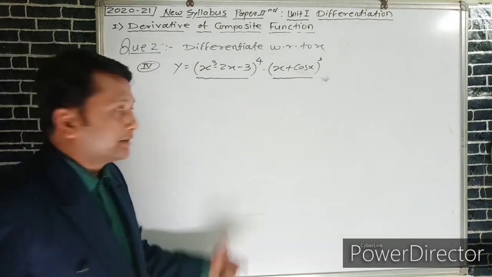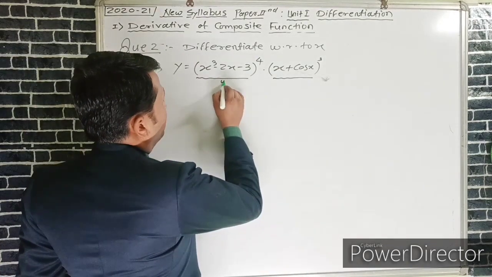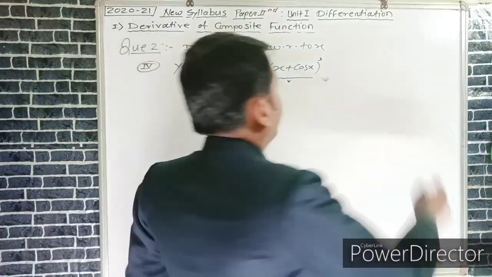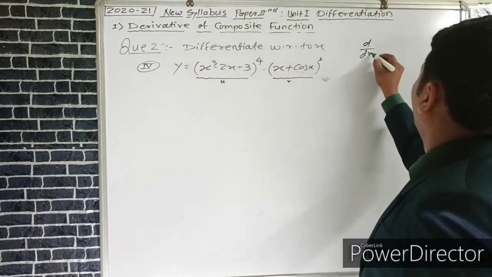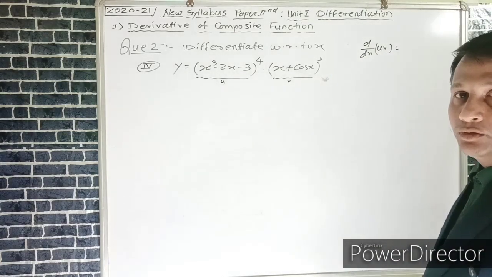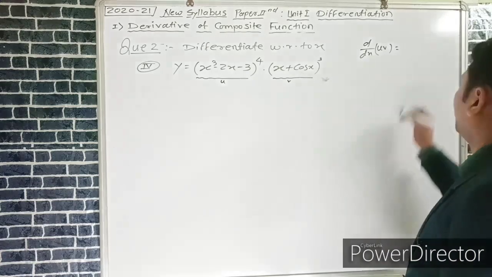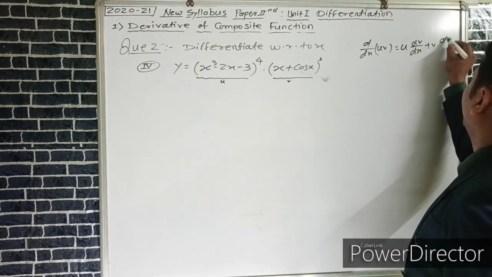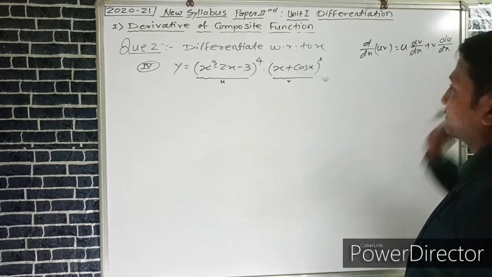Let me consider the first function as u and the second function as v. Then we can apply the product rule of derivatives. You know the derivative of u into v is u into dv/dx plus v into du/dx.